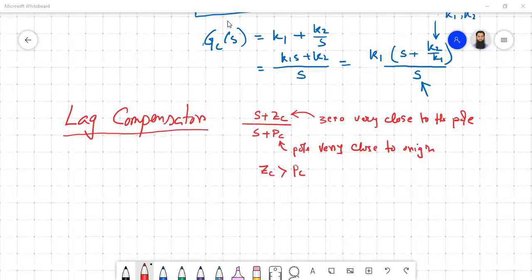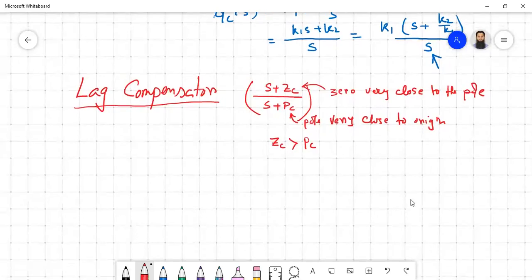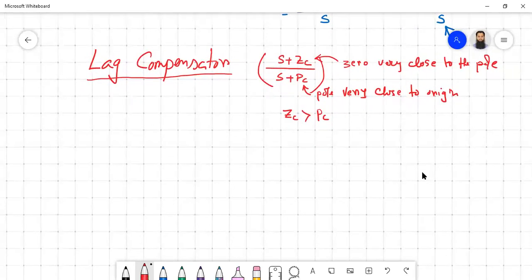So what we are saying is that we have to introduce a compensator block diagram like this. Now try to derive. Let's first of all draw the block diagram, then it will be easier to deal with.